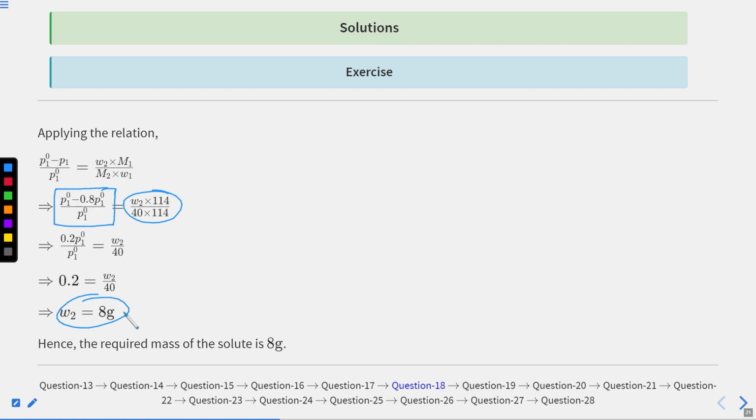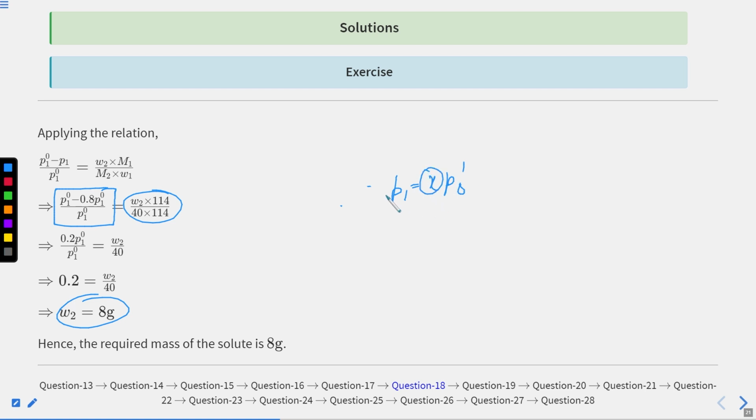Further, we can use this formula that we have to calculate this W2. So here they have used Raoult's law, P1 equal to x1 P1 naught. We know this. P1 is equal to x1 P1 naught. So they have used this thing.